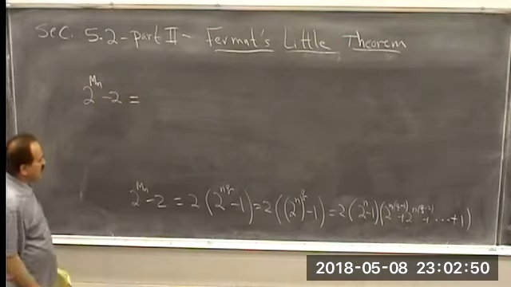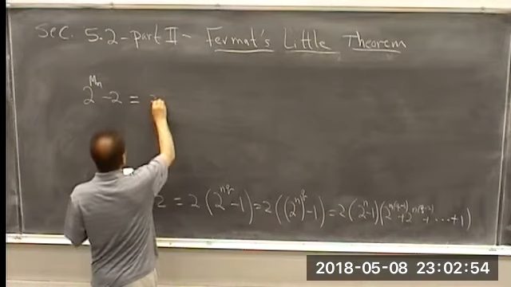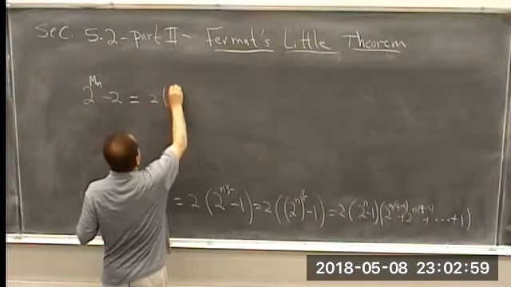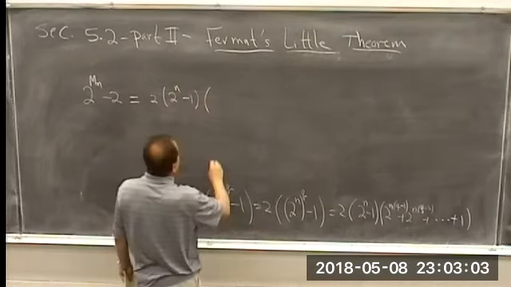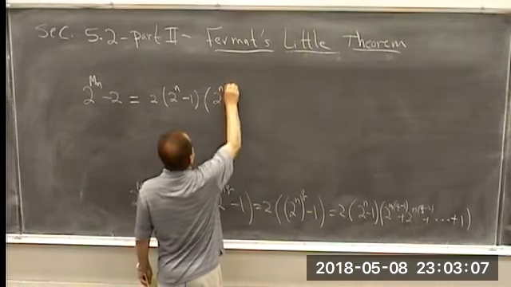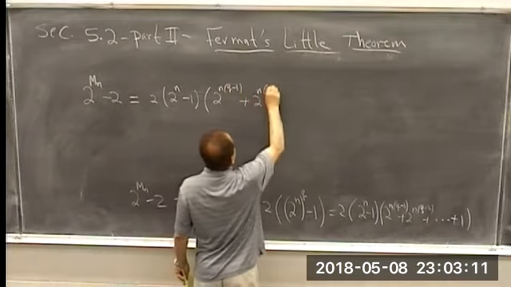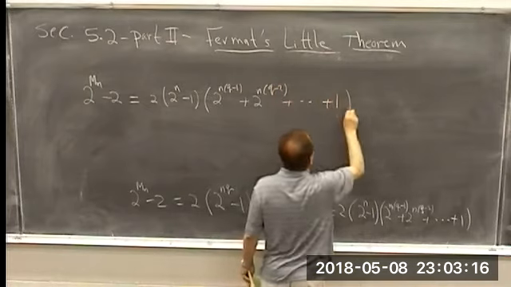We have shown this is equal to 2 times (2 to the n minus 1), multiplied by all this other stuff there, which is 2 to the n(q minus 1), 2 to the n(q minus 2), and so on, plus 1.